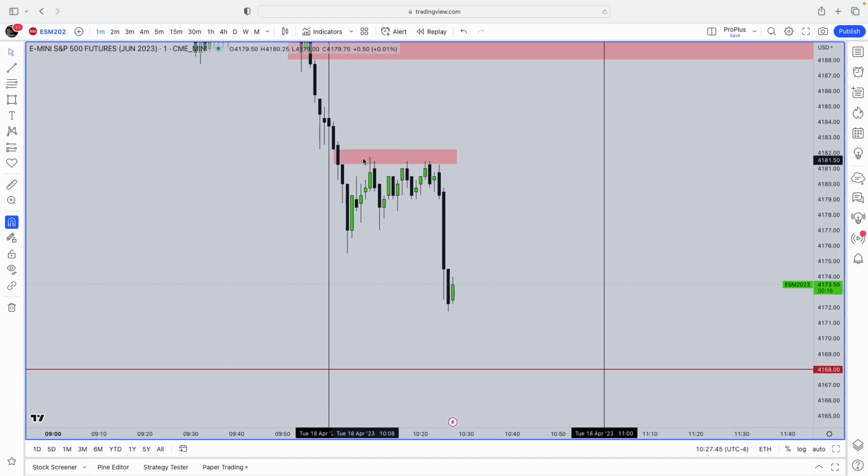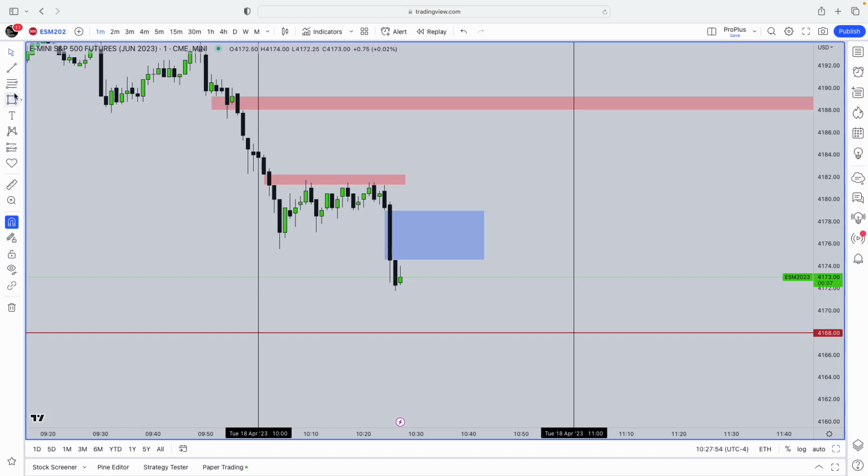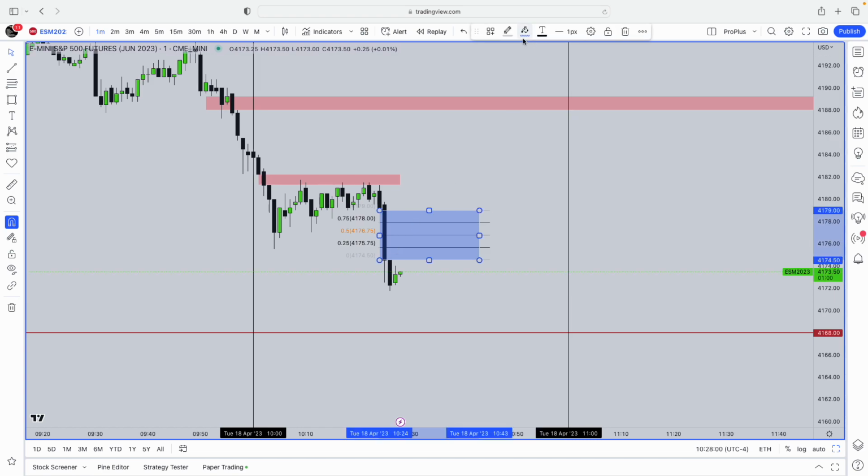However, for me, there hasn't been any buy side liquidity taken. But it might want to just pull back into there. That's consequent encroachment.